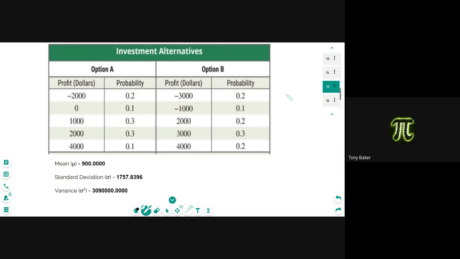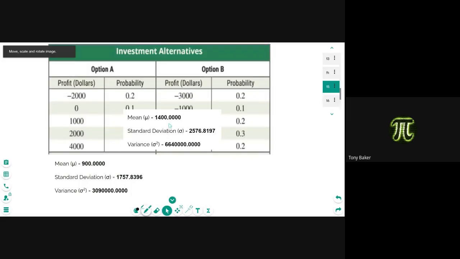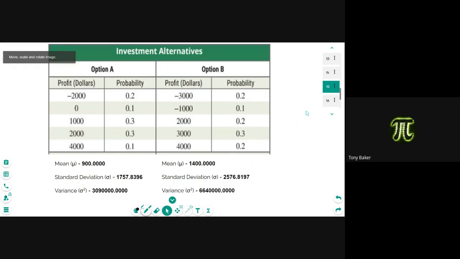All right, let's do the other one. So if we look at the other one, we have a mean of 1,400 and a standard deviation of 2,576.